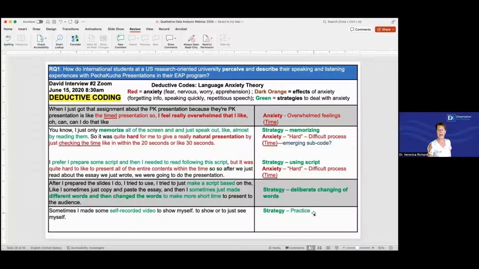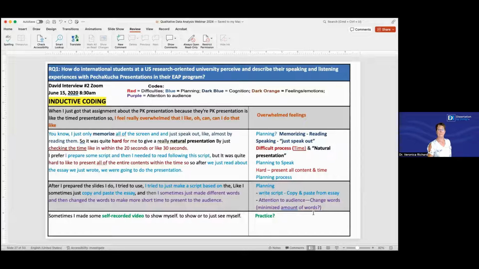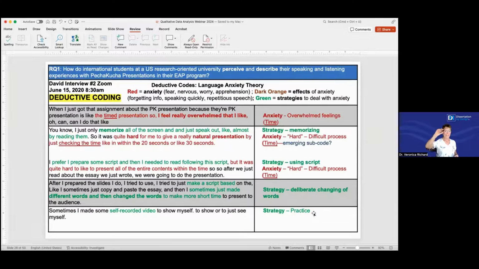If I go back to this inductive coding, I'm going a little slower here in my processes because I'm like, oh, what are they talking about? I need to have a name, okay? But in the deductive process, it's a little bit quicker. However, if you'll notice, I've gone ahead and identified some areas here.